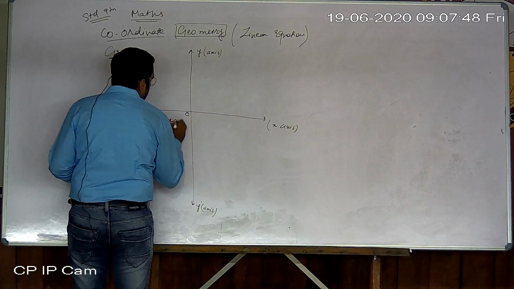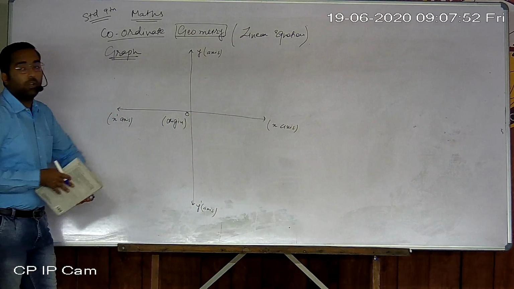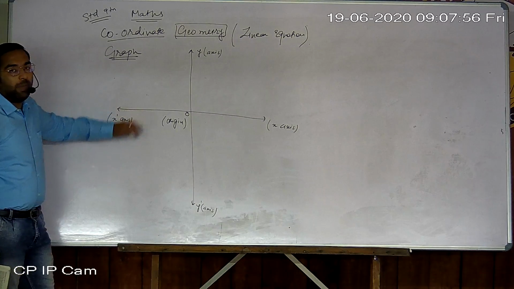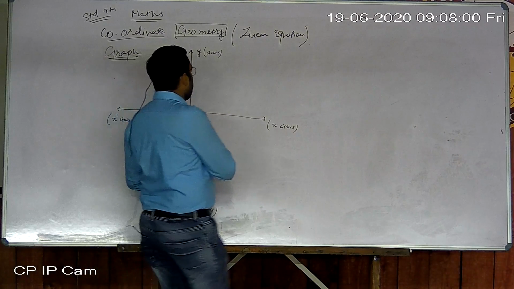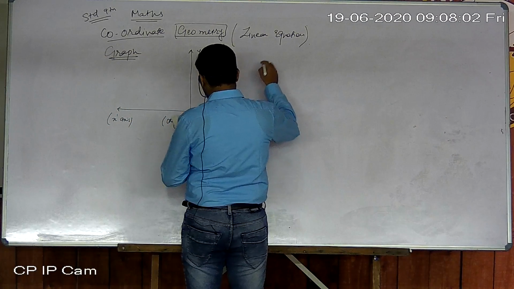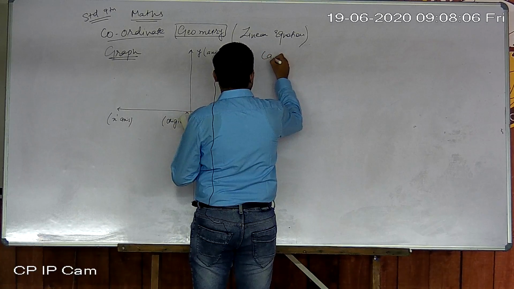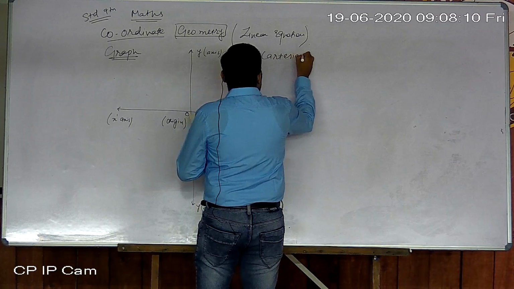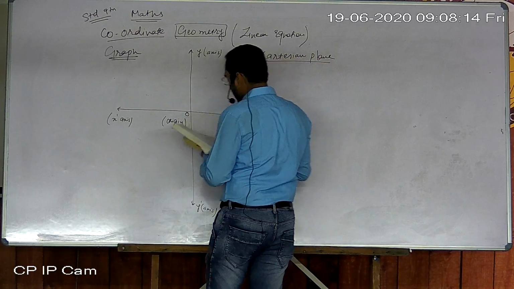Okay, this is the origin. Now we have these two axes in one plane. The name of the plane is the Cartesian plane. This is my Cartesian plane. Okay.